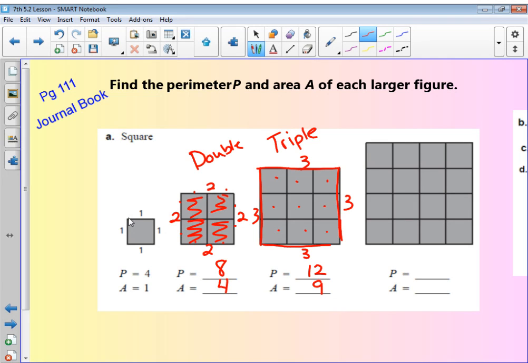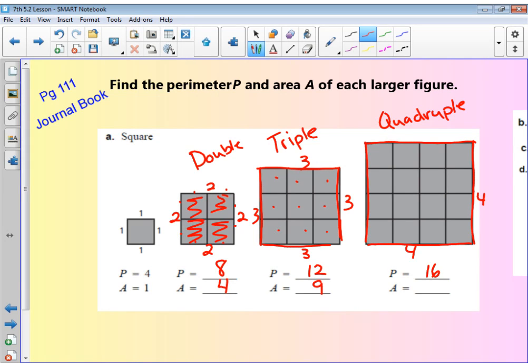Okay, so now we're going to quadruple. If we quadruple this, our side lengths are 4 by 4, so 4, 8, 12, 16. Every side was worth 4, so our perimeter was 16.